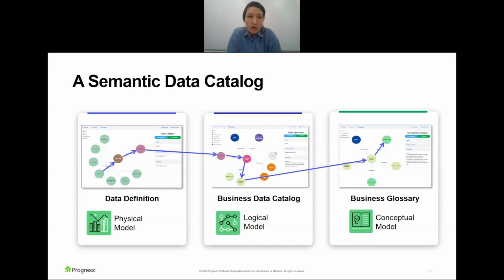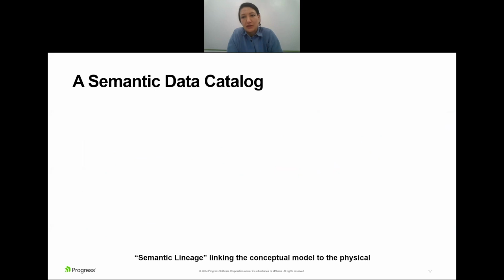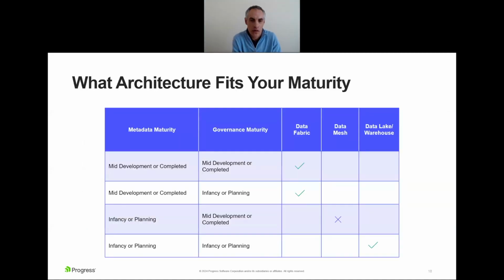Steve, what would you say dictates the choice of data architecture then? So I think whether you go with a data fabric, a data mesh, or stick with what you have would depend on the maturity of two main factors.